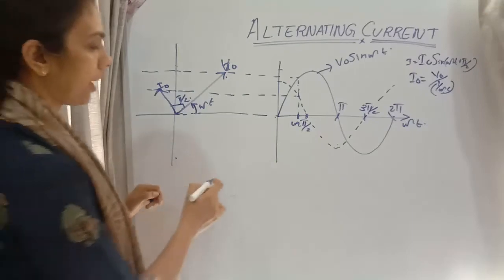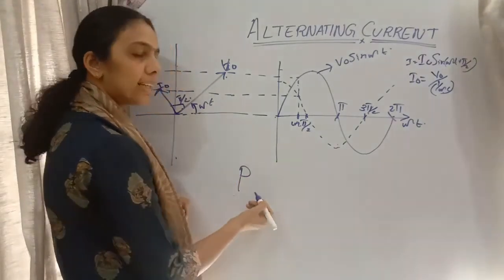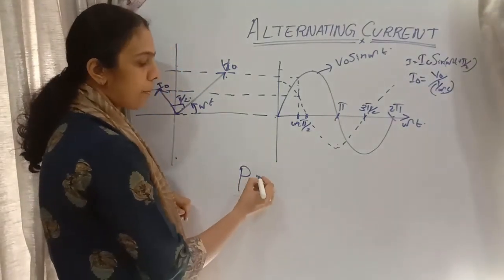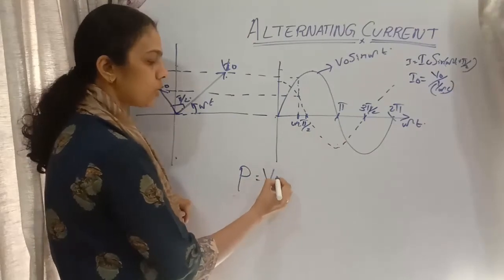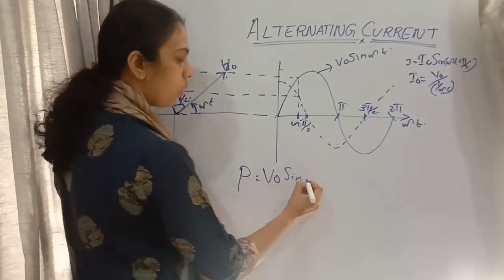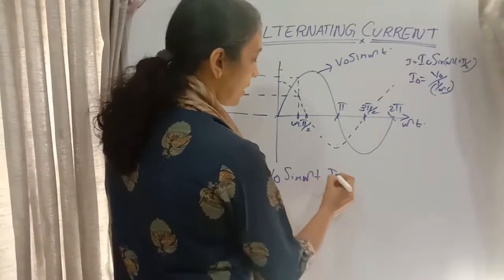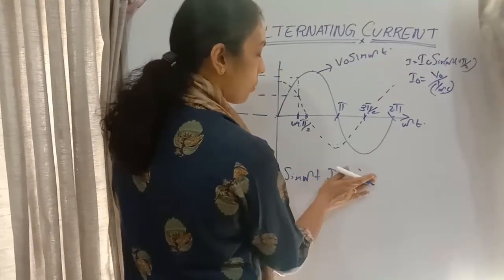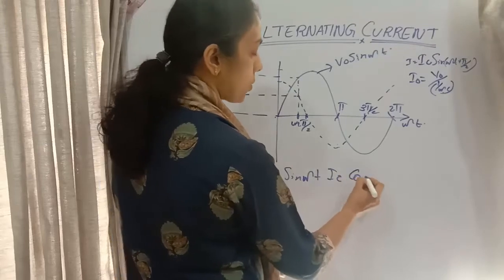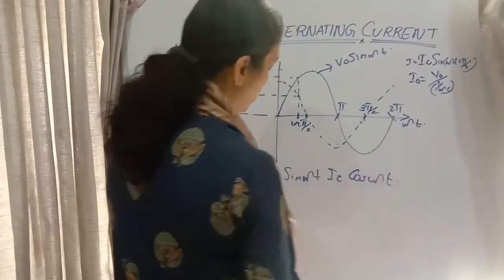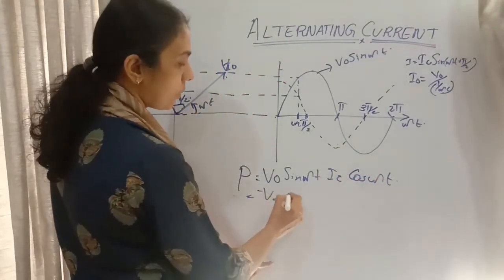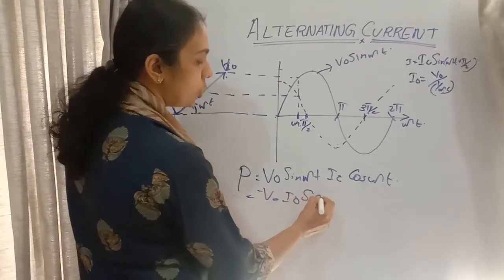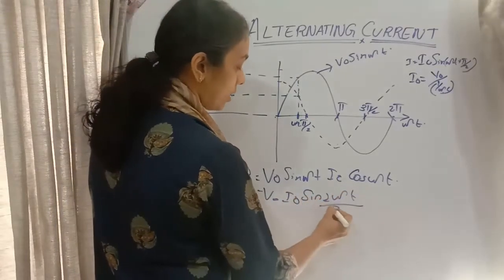Now we are going to find the instantaneous power and average power. The power formula we know is VI. So V0 sin omega t into I0 sin(omega t plus pi by 2). Sin(omega t plus pi by 2) is cos omega t, so we get V0 I0 sin 2 omega t divided by 2.